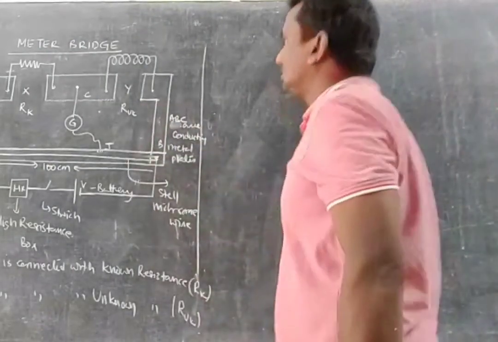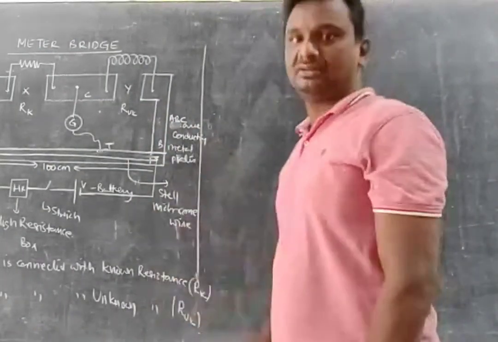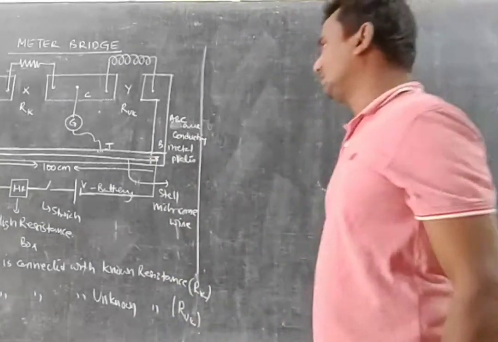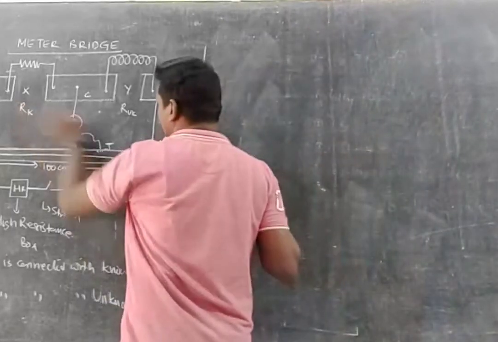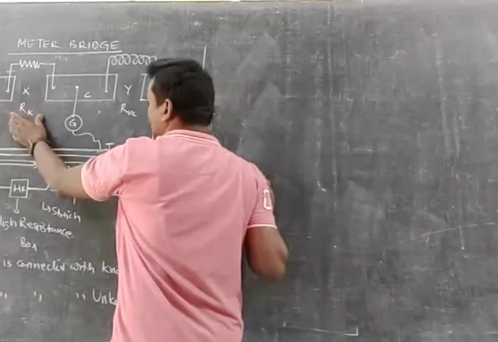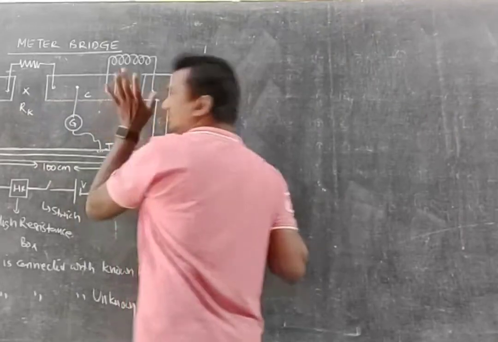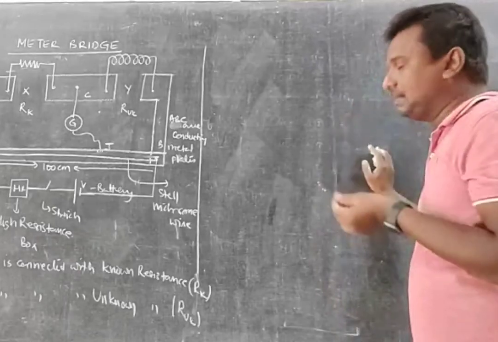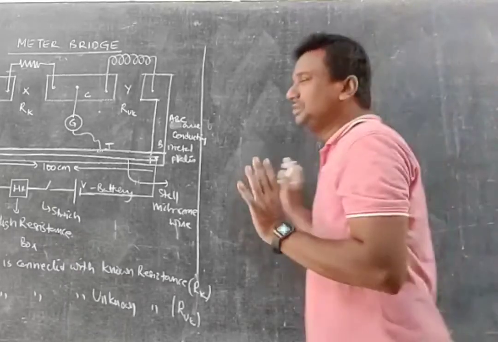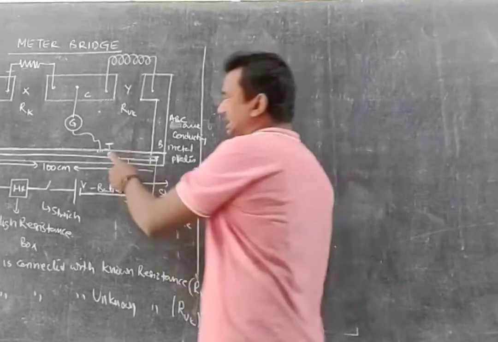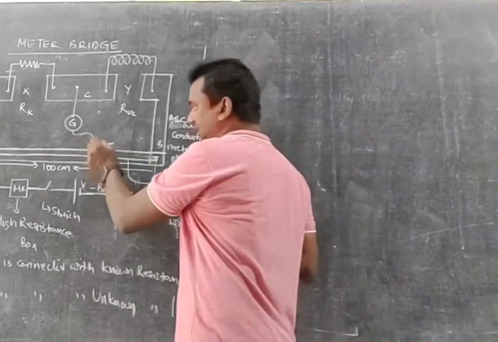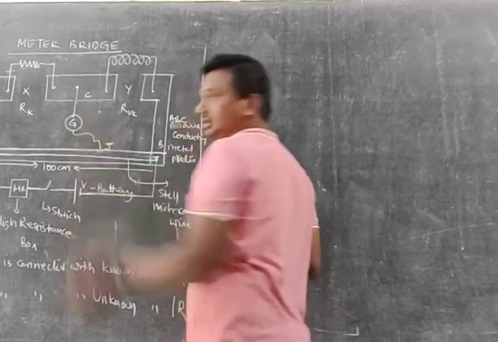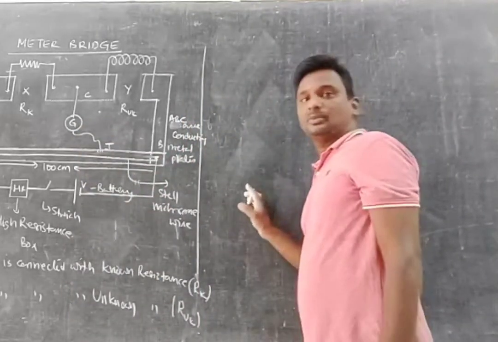Now applying Kirchhoff laws or the condition drawn from the Wheatstone bridge. Now look here. This is a known resistance and this is an unknown resistance. First we have to find the balancing condition. What do you mean by balancing condition?